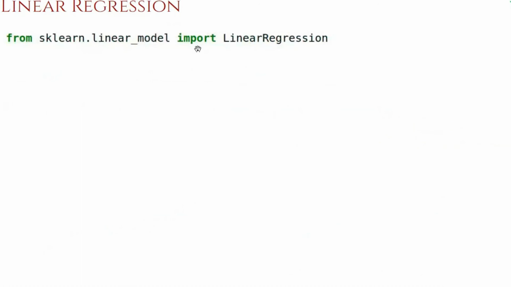From scikit-learn, we have to import the linear regression model. Inside the linear_model module, there is a class called LinearRegression. For a class, we have to create an object or an instance of the class, so we create an object for this class, LinearRegression.